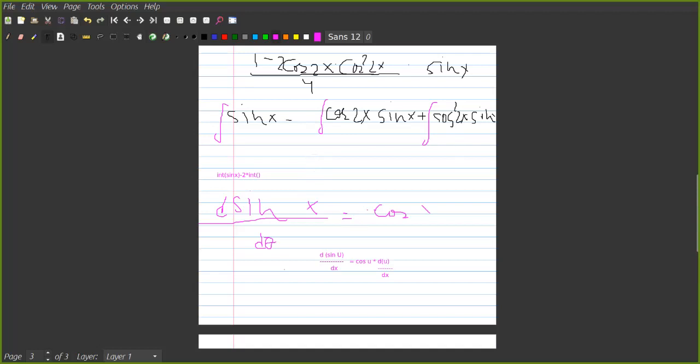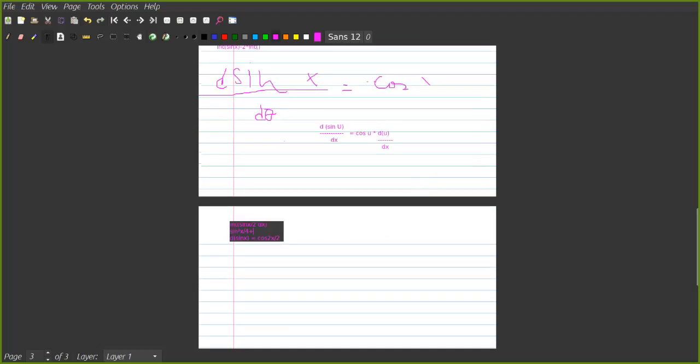The derivative of cosine of 2x is the derivative of cosine, which is sine 2x times 2.